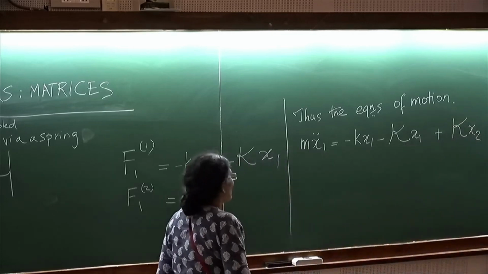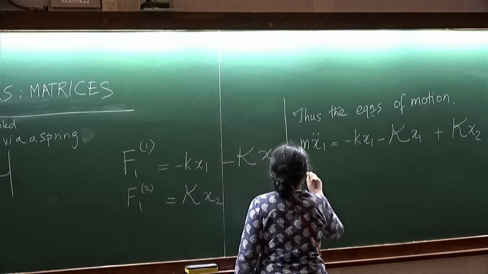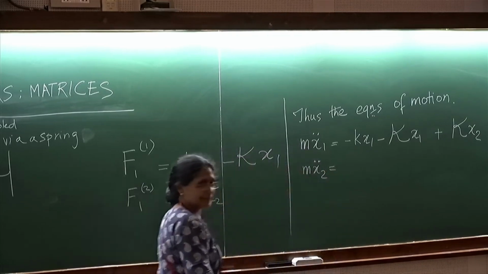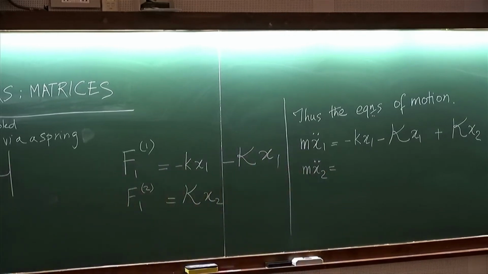And can you guess what would be the equation of motion pertaining to x2 now? Is there a simple way to see what will happen to this equation? Suppose you take the first equation.